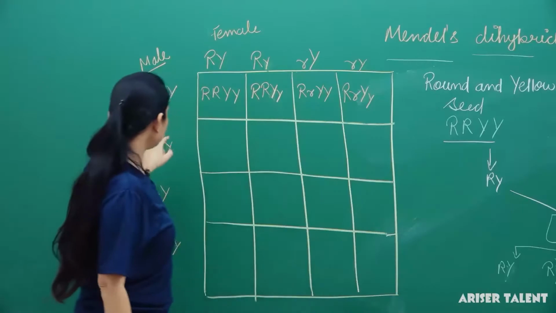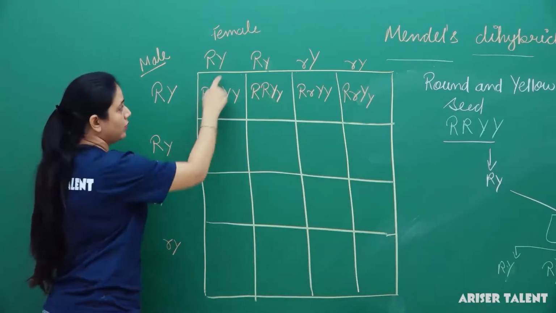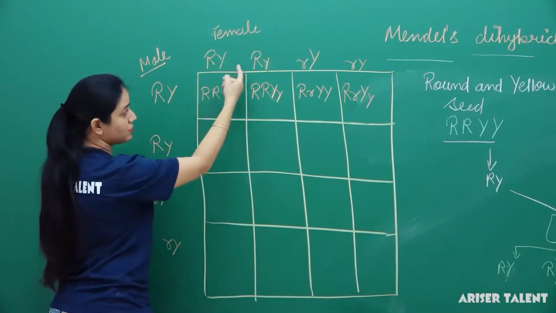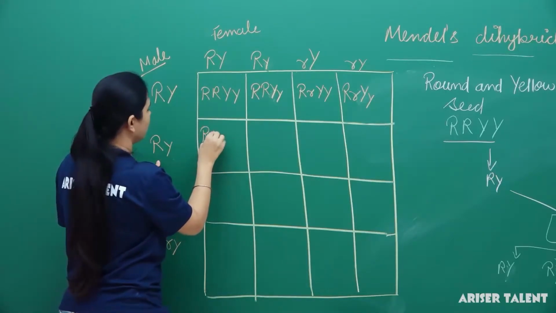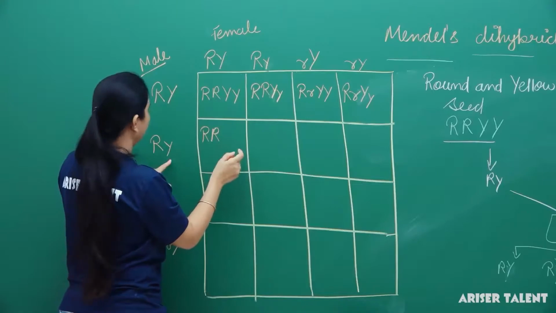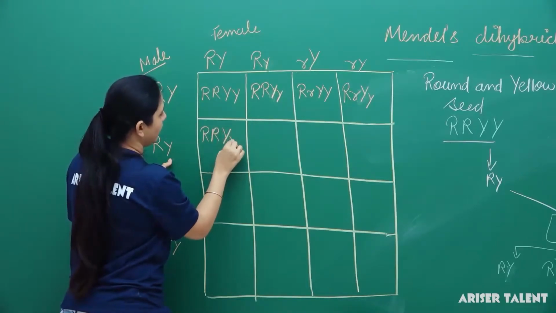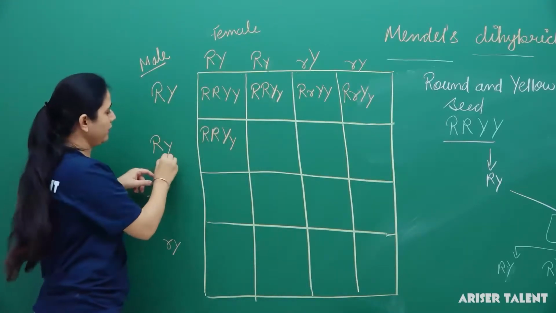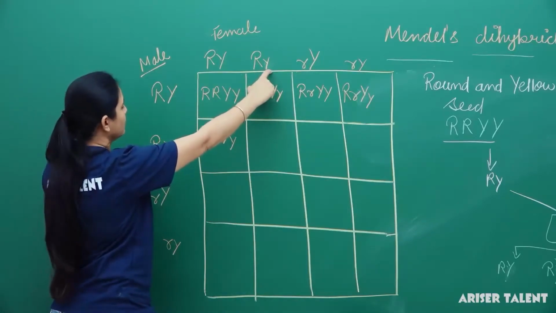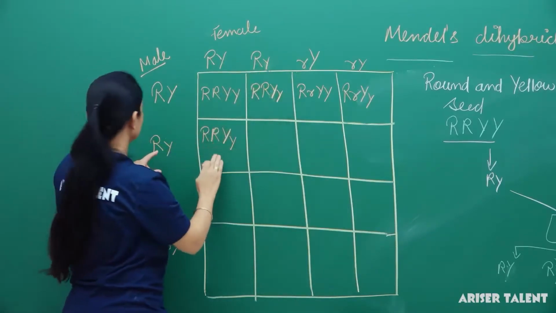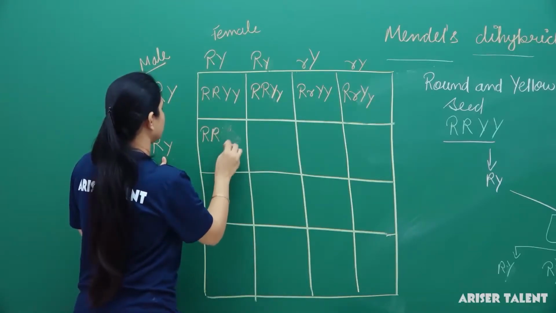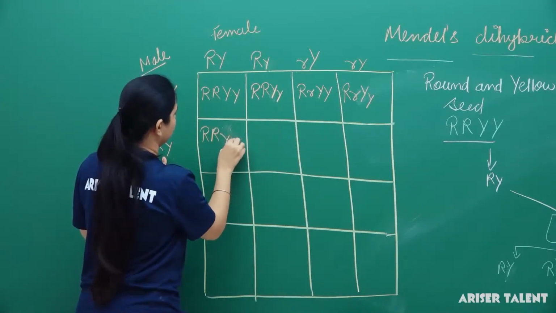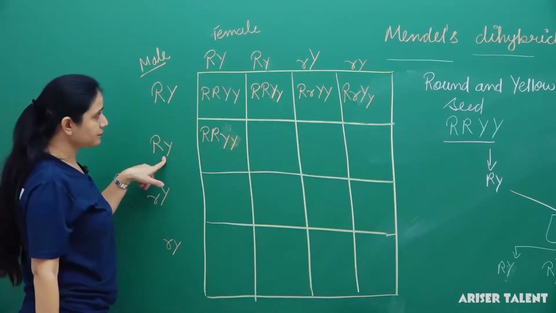Here, when this gamete will self-pollinate, then again capital R and capital Y and small y. Here it is small y and here it is small y, so small y and small y.